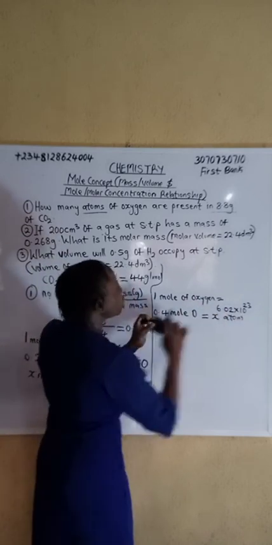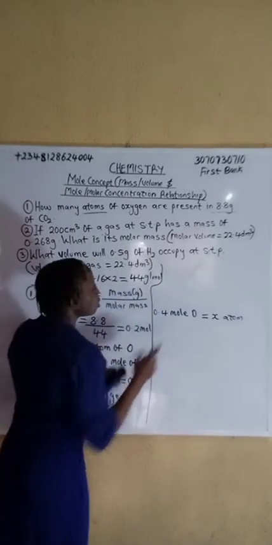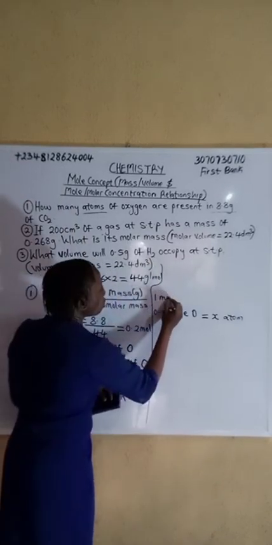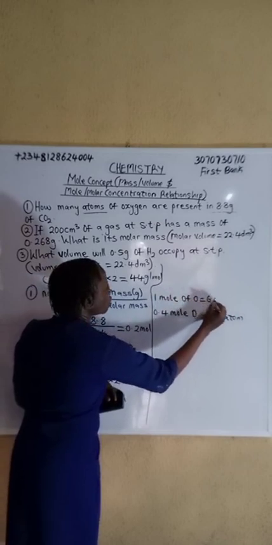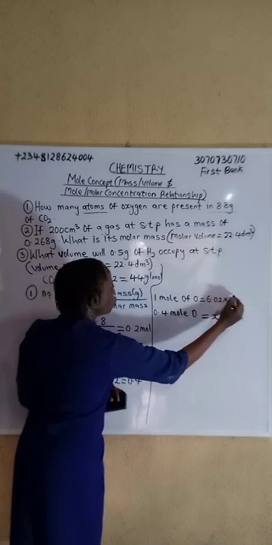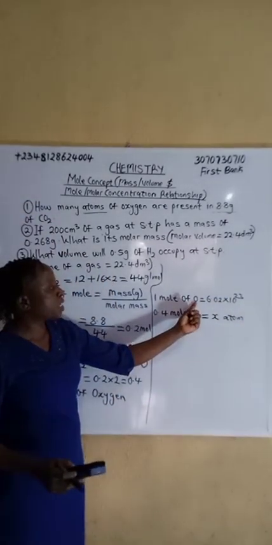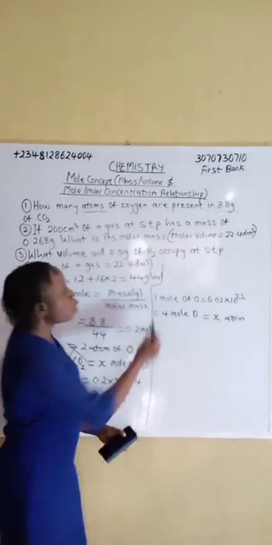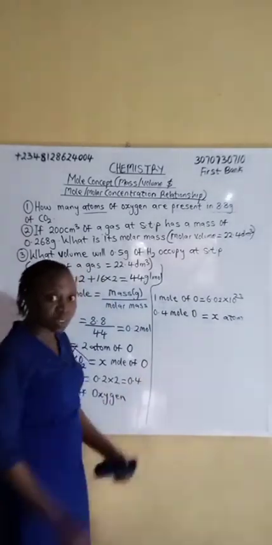Don't forget that I'm looking for the number of atoms. 1 mole of oxygen is equal to 6.02 times 10 raised to the power 23. I repeated what I've written before. 1 mole of any atom is equal to 6.02 times 10 raised to the power 23.